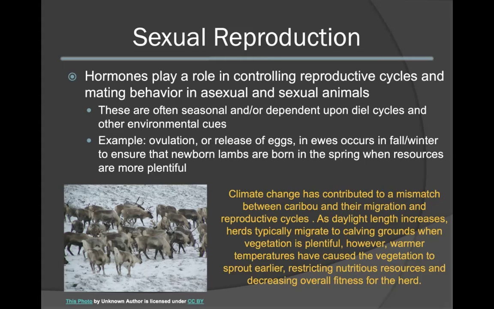However, due to climate change, warmer temperatures have caused the vegetation to sprout much earlier than normal. This causes the restriction of the nutritious resources and leads to a decrease in the overall fitness for the herd. This is because the herd has not yet adapted to the effects that are caused due to climate change.